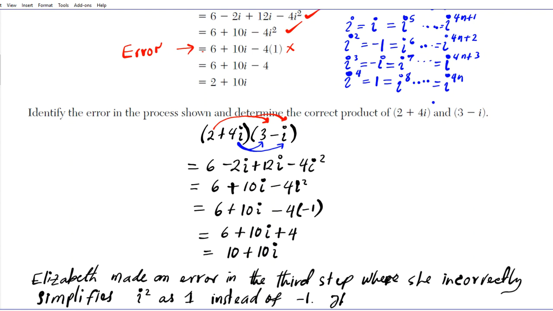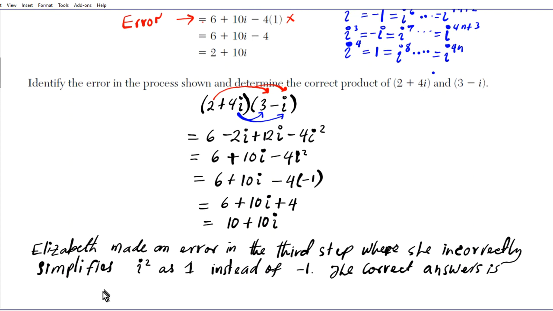Alright, the correct answer is what? The correct answer is 10 plus 10i. Okay?